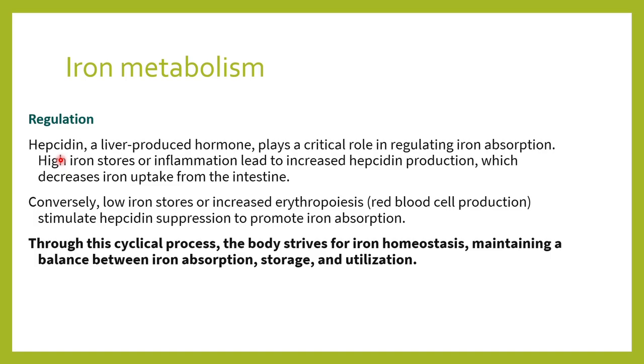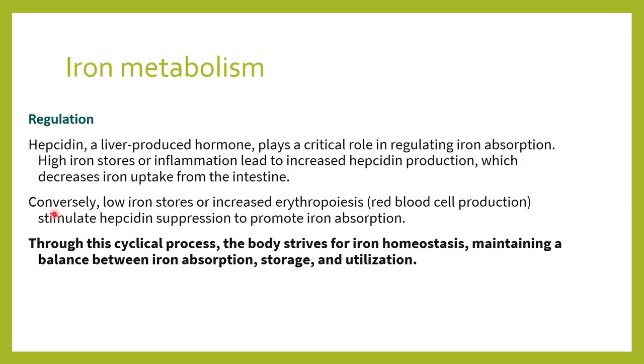So if there are very high stores, it will not allow the iron to come into the bloodstream. If there are very low stores, like in iron deficiency anemia, or there is increased erythropoiesis, the hepcidin is suppressed, and that will allow more and more iron to come into the bloodstream.